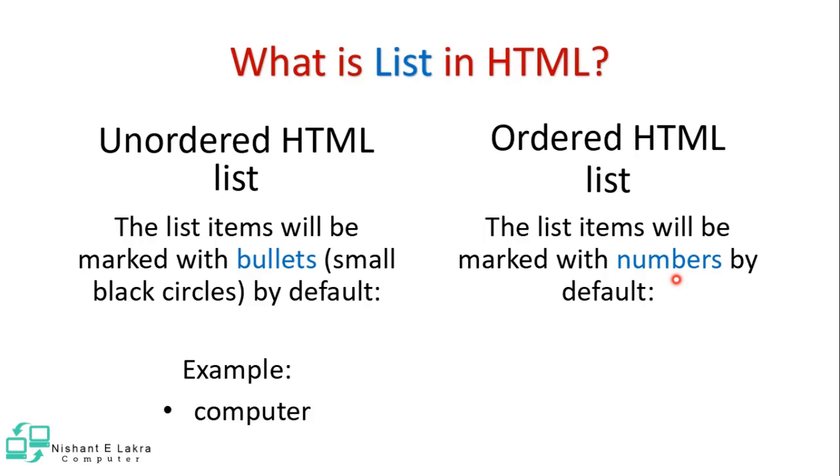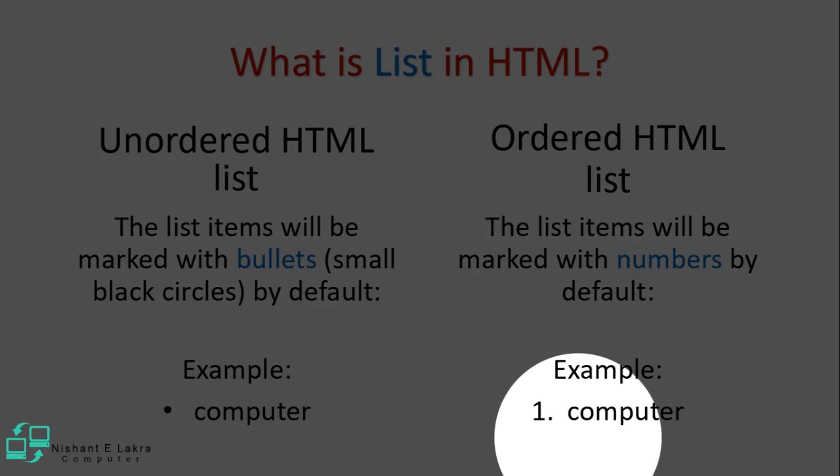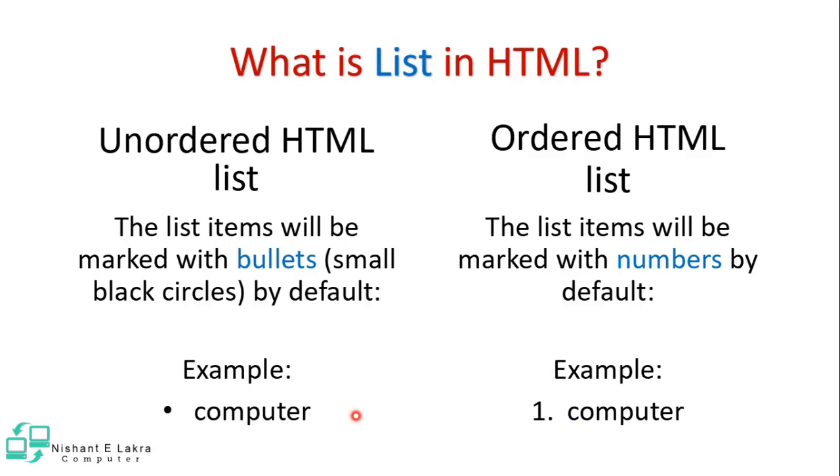For example, you can see here that it is typed as number 1, and the name of the list is computer. It is marked as 1 and the name of the list is computer. By this you can understand the difference between the ordered list and the unordered HTML list.